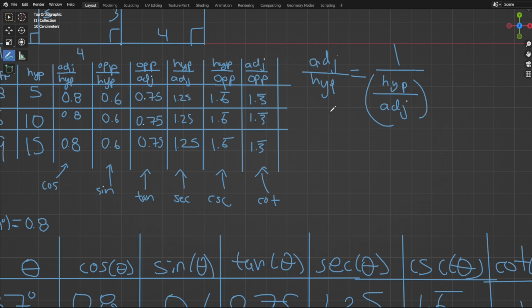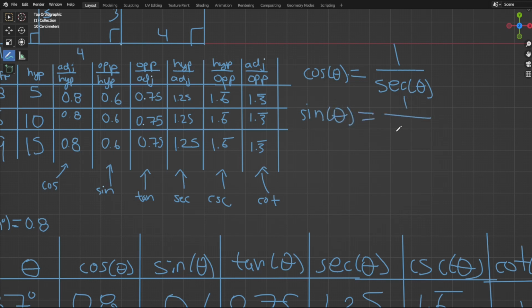And this one here, this adjacent on the left side, well, what is this? This is the cosine of the angle. All right, well then what about this one? What is that? Hypotenuse. This one's the secant. And so you can create these relationships of these trig functions.